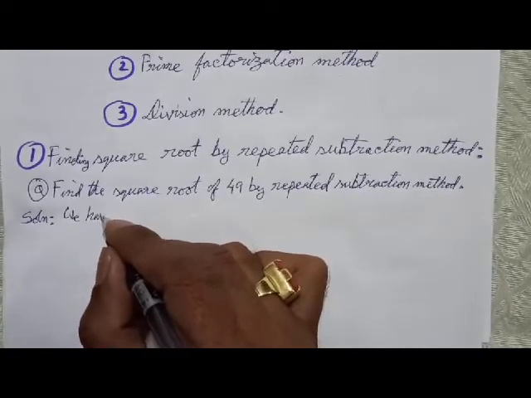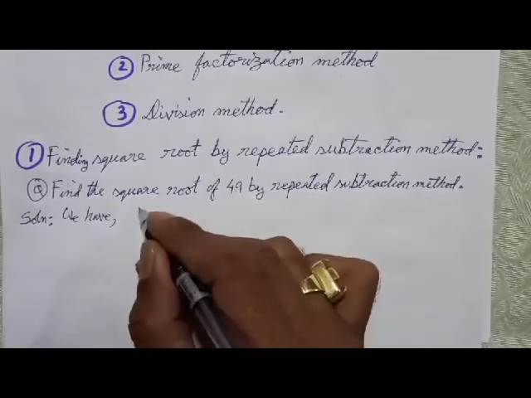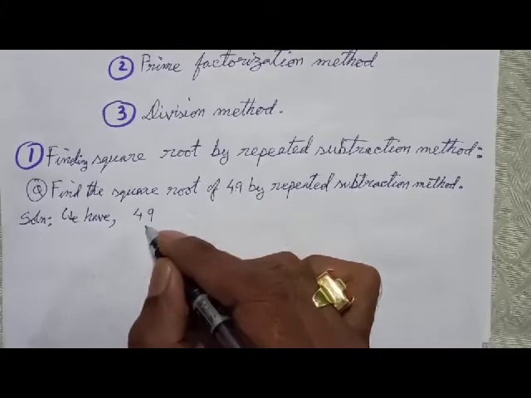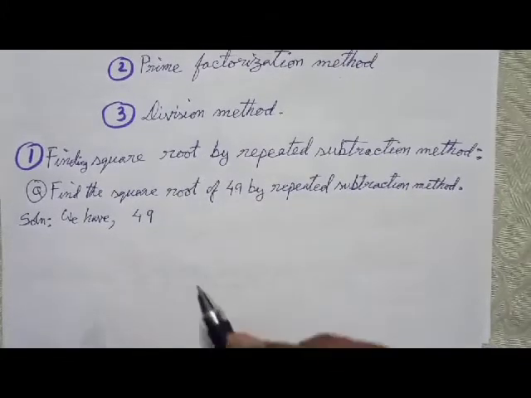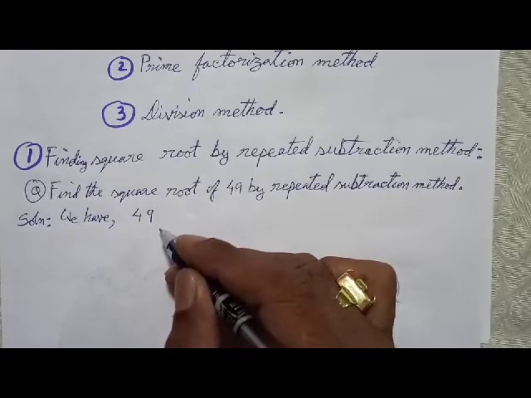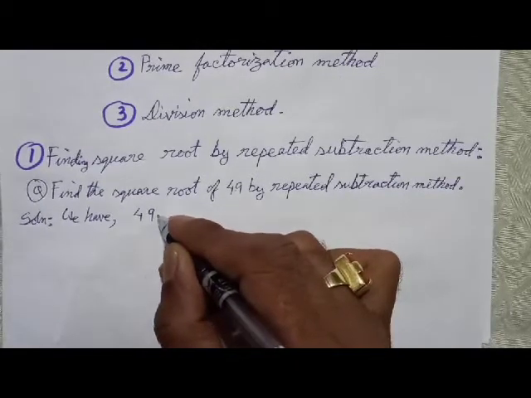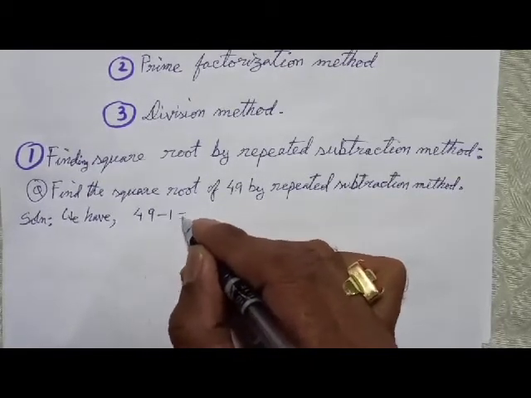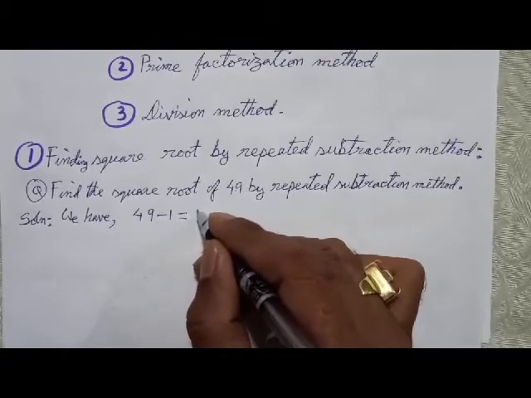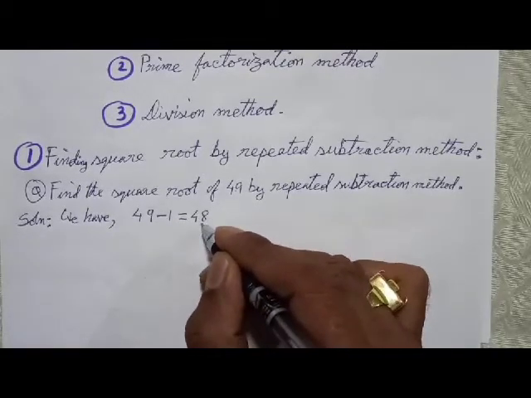We have, take this 49. Now we are going to subtract odd numbers. The first odd number is 1, so minus 1. 49 minus 1 is 48. Next, take this 48.